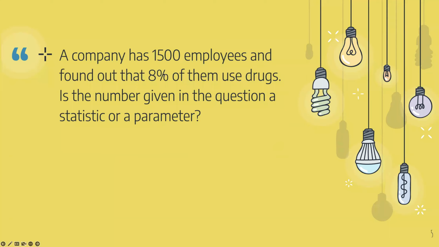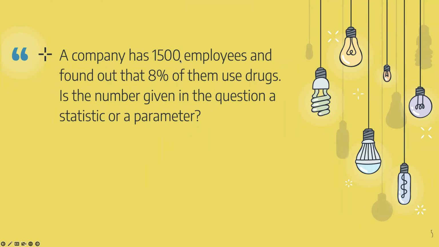And by the number, I am talking about this 8%. So this is the total amount of employees that use drugs in this company that the problem is referring to. So now we have to think about, where is this 1,500 coming from? Is this a sample or is this the population?